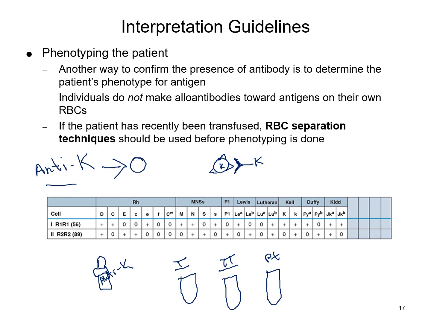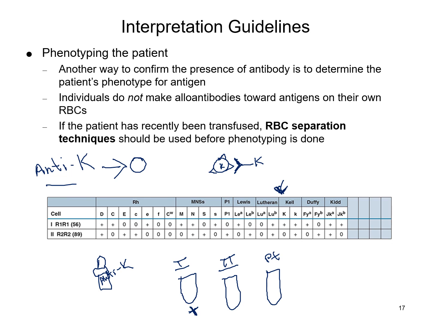Where I mentioned earlier, if you have a 2-cell or a 3-cell, you're going to need something that's positive for that particular antigen and something that's negative. So if we're testing our K reagent, we're looking at that panel cell to determine which one has K present and which one does not. We see that tube 1 has K, so we would expect that if we mix it with anti-K, we're going to get a positive reaction.